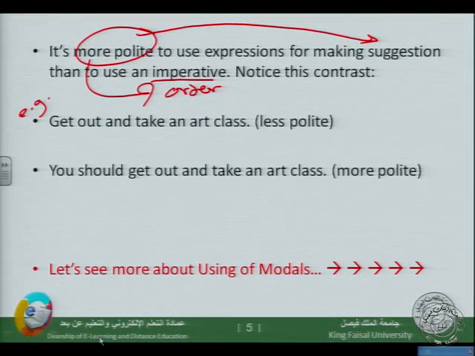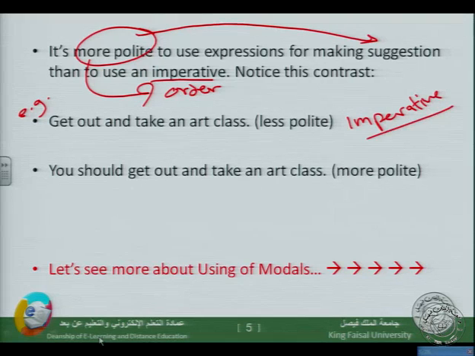This is an example. This sentence is imperative. When you speak to someone, it's better not to use imperatives. Why? Because imperative is less polite, مش مهذب كثيرا.